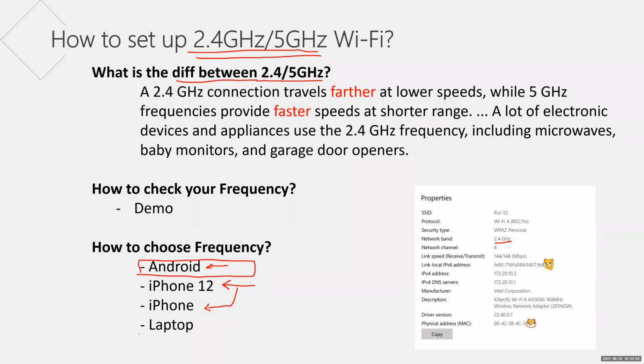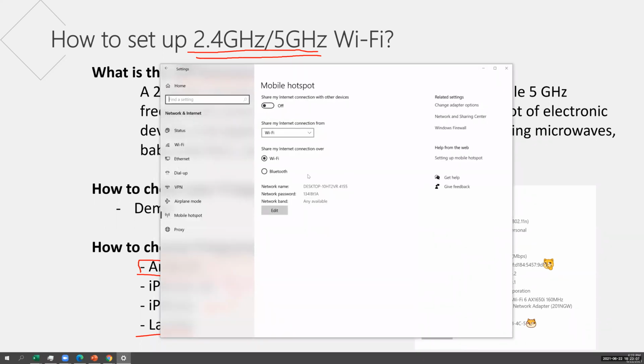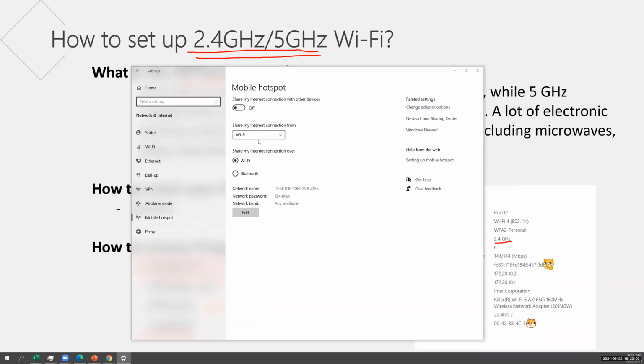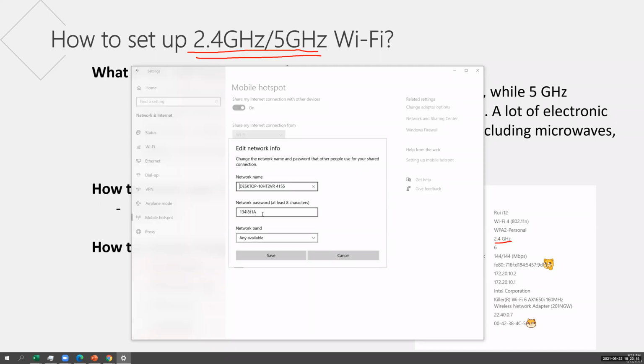And another option that we can use is to use another laptop or desktop you have. To create a hotspot on our laptop will be very easy like this. Just share my stuff and add it, and you can see the bands here. Can you see that? 5 gigahertz, 2.4 gigahertz.